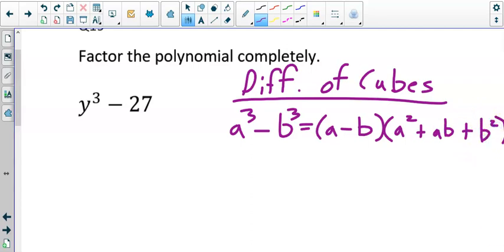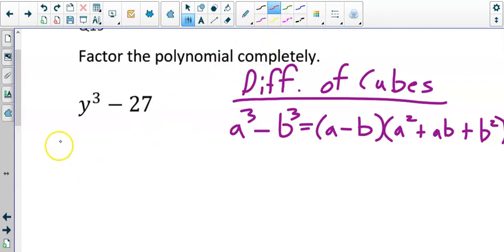Once you know what the A's and B's are, you're just basically filling in, which is like what we did a couple minutes ago when we had the difference of squares. When you take the square root of those first and second terms, you're finding A and B. It's the same idea, except instead of square roots, we're doing cube roots.